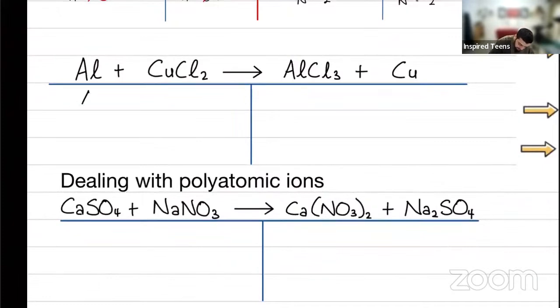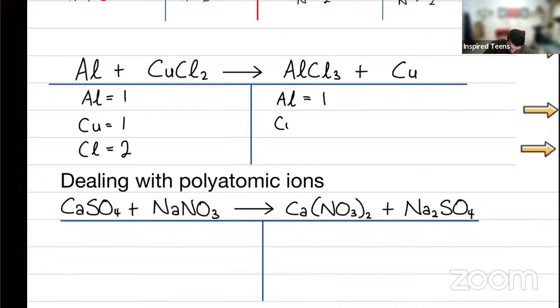Now, on the left-hand side, we have aluminium, we have 1, copper, we have 1, and Cl, we have 2. On the right-hand side, aluminium, we have 1, copper, we have 1, and chlorine, we have 3.